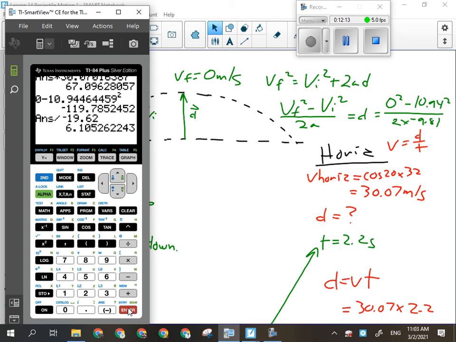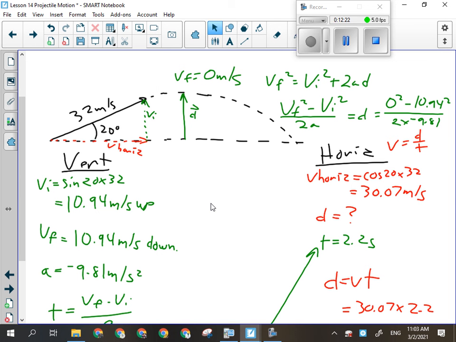All right, so the general E is going to reach a maximum height of 6.1 meters. That's over 20 feet. It's the equivalent of dropping the general E off the top of the gym.